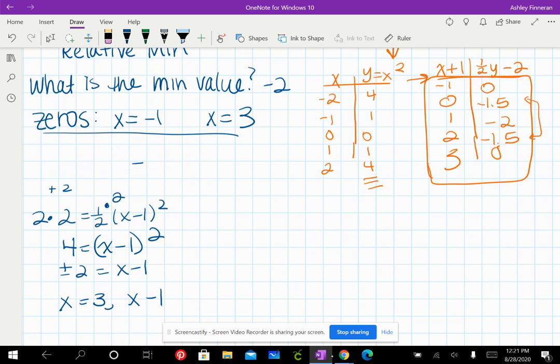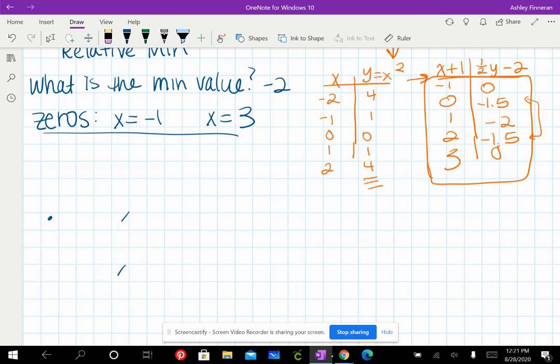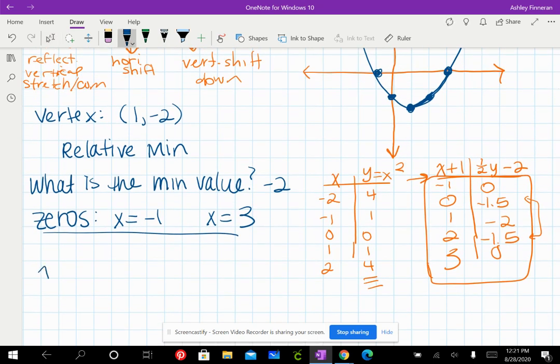Now, the zeros, at this point, when we talk about zeros, we know that our zeros are going to be our x-intercepts. Eventually, we will talk about how to find zeros that aren't x-intercepts and what that really means. But that's something like chapter 2, maybe chapter 3, and we're not there yet. But our x-intercepts are the coordinate pairs.